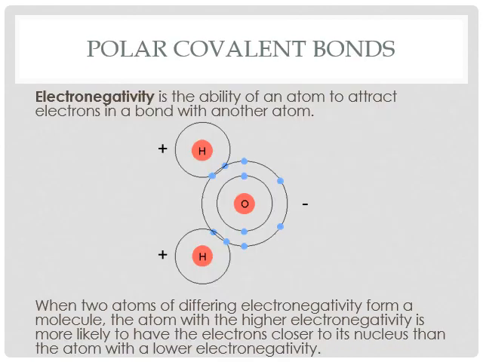So we covered covalent bonds where atoms will share electrons. One special type of covalent bond is the polar covalent bond. And we talked a little bit about this in lab. Polar covalent bonds form between atoms with differing electronegativity. Electronegativity is the ability of an atom to attract electrons in a bond with another atom.